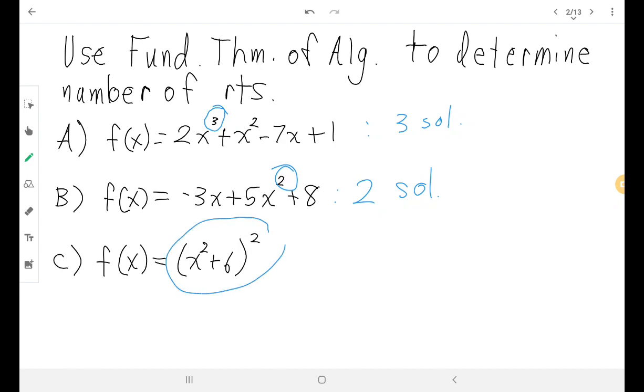And then we've got this one. This one is written a little bit differently. And so what we want to do is a little bit of math with this.